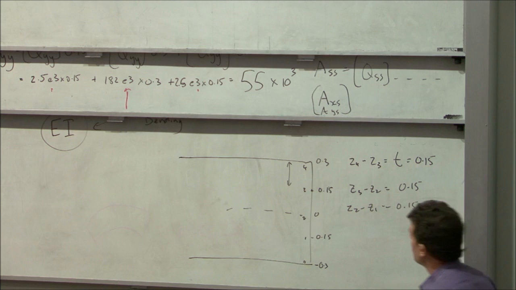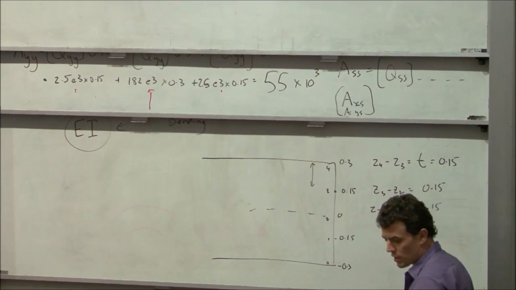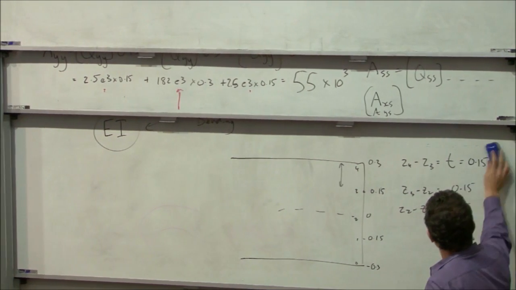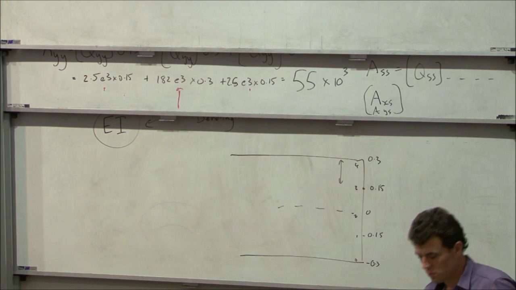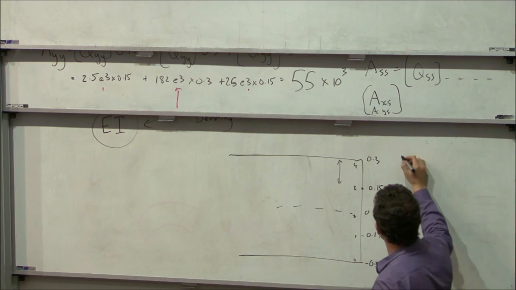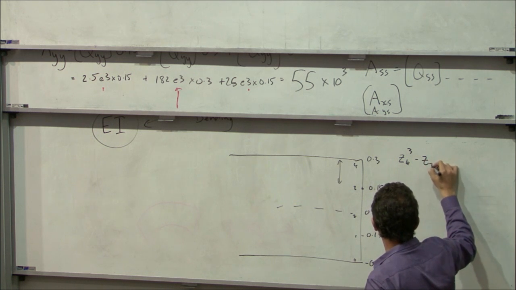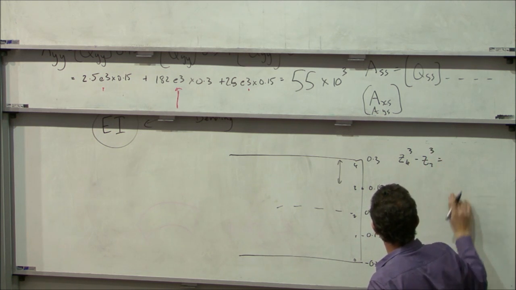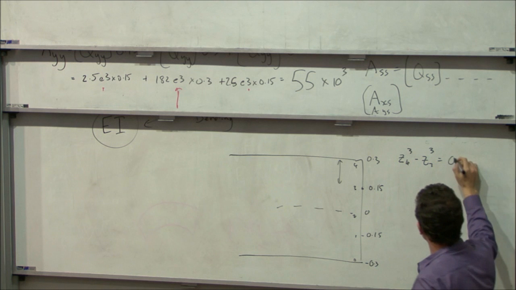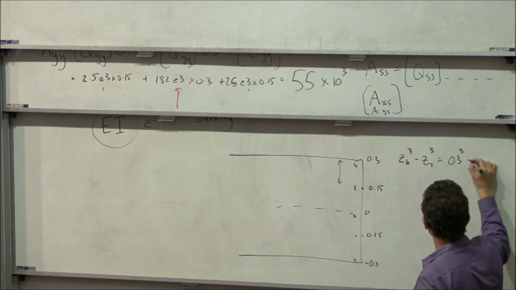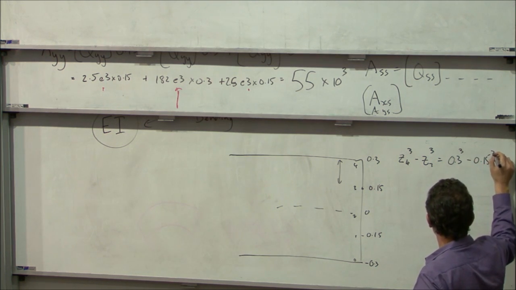So what happens when we calculate the cubed terms? Z4 cubed minus Z3 cubed, okay, 0.3 cubed minus 0.15 cubed.